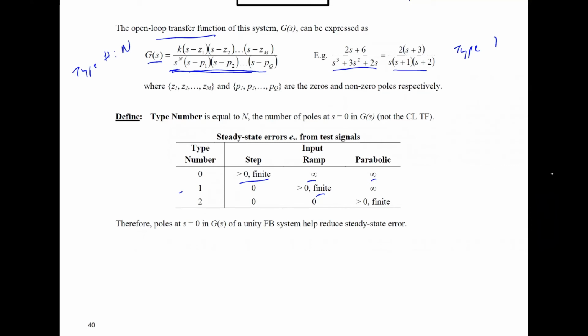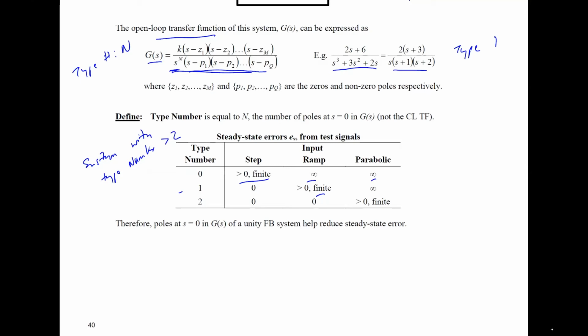One of the practical difficulties that we have is that as we go to a higher type number than 2, so if we look at systems with type number greater than 2, it is very difficult to stabilize those systems.